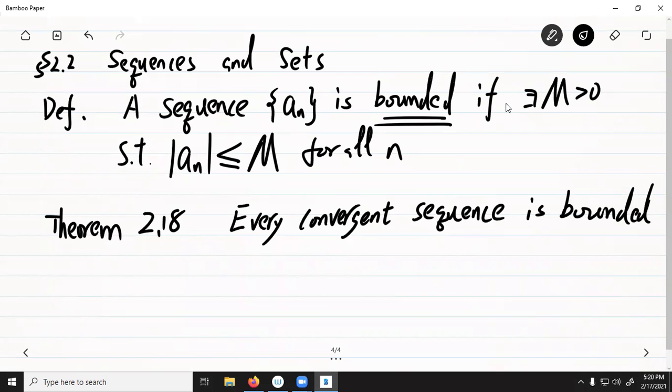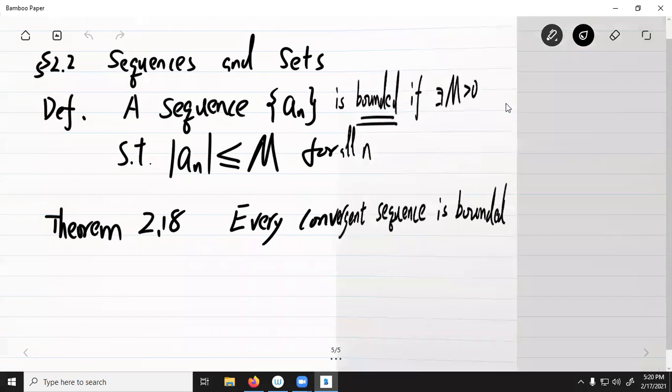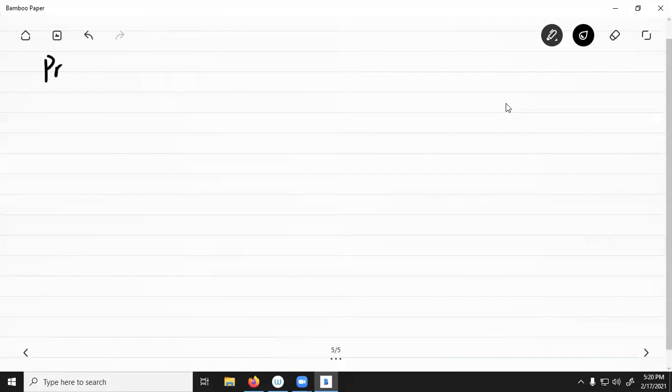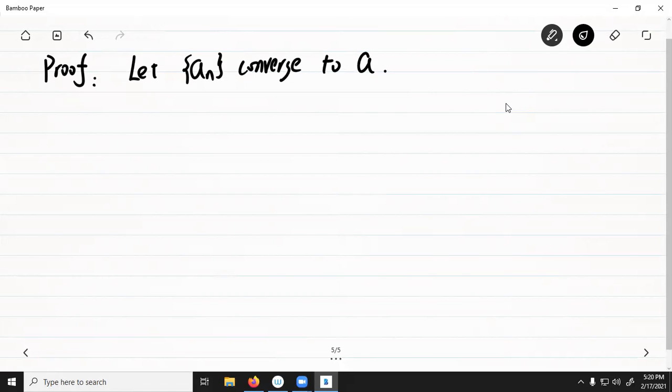So now let's look at the proof. So we let the sequence AN converge to a number A. Okay, so this is a convergent sequence.